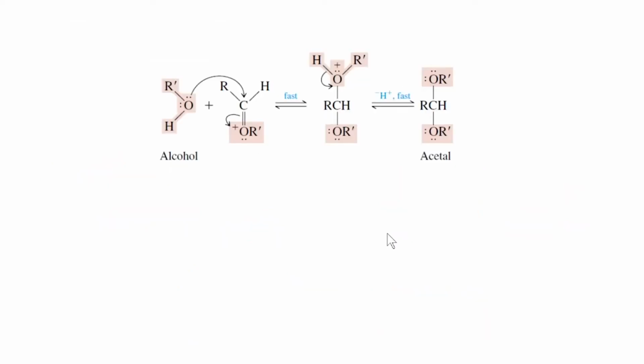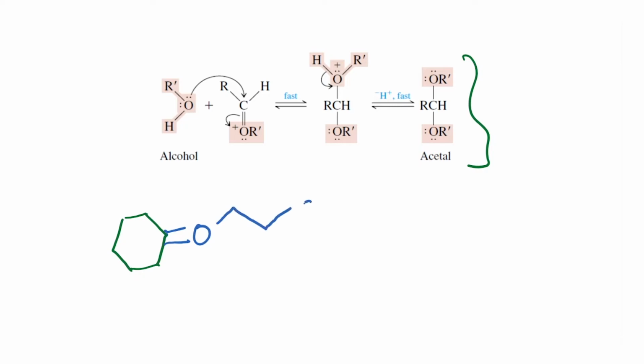Now if another alcohol molecule attacks this intermediate, you're going to produce this kind of an intermediate which can lose a proton to give you the acetal. So if we were to draw this last step with cyclohexanone, you get CO, CH2, CH2, OH, right?